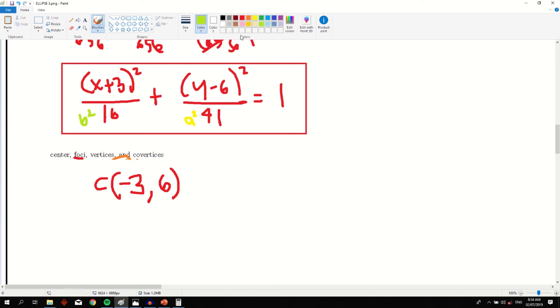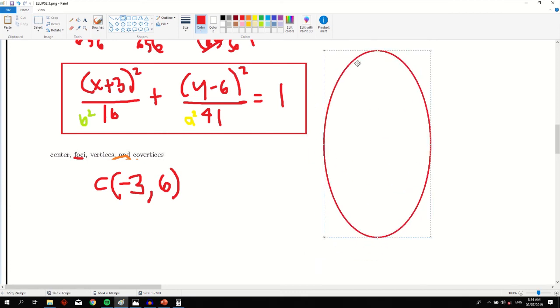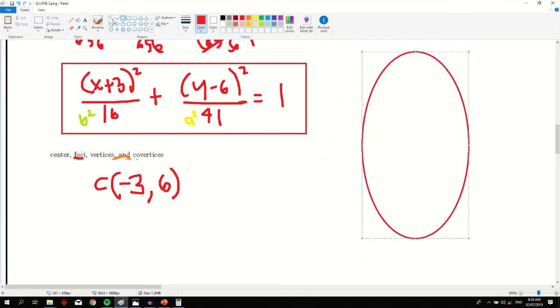Now we can get the length. What is the major axis? It is the y axis. So our ellipse should look like this.